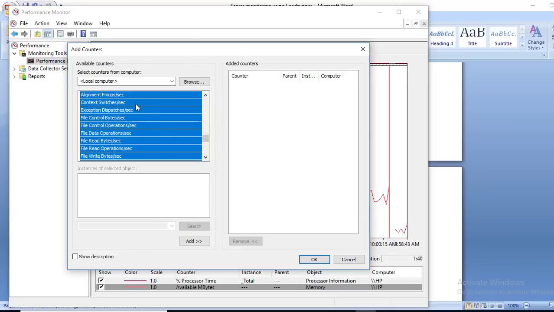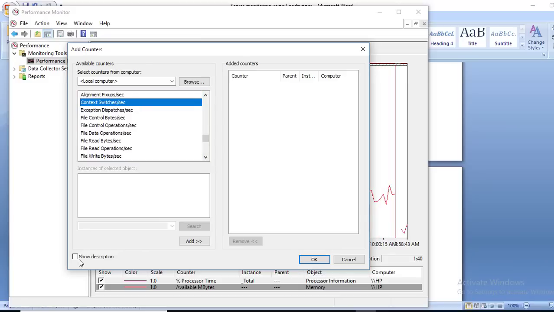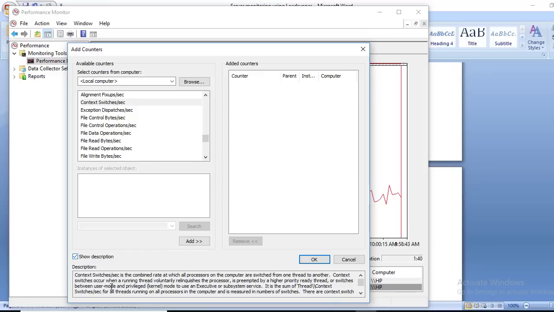This is context switches per second. Context switches per second is the combined rate at which all processes on the computer are switched from one thread to another.